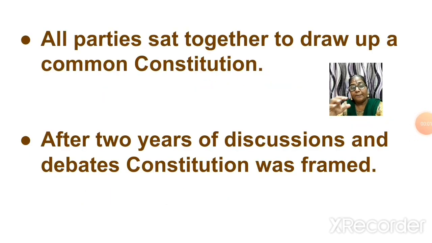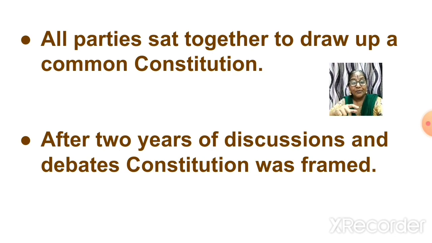Now, the party that ruled through oppression and brutal killings, which was this party? The whites, right? And the party that led the freedom struggle, which was this party? Blacks and coloured. So they all sat together to draw up a common constitution.